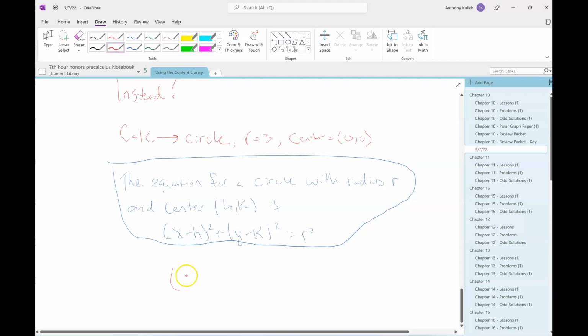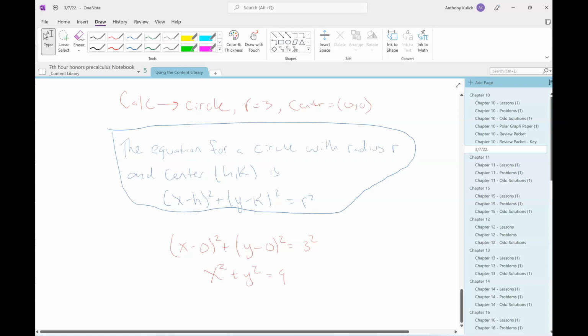So in our case, what would we have? x squared plus y squared is equal to 9. Okay, sure, fine, no biggie.